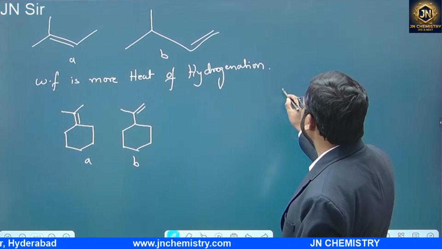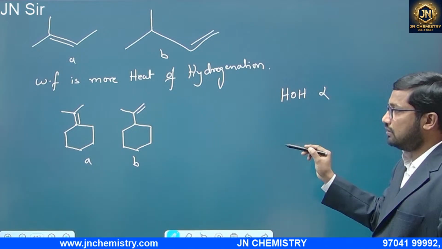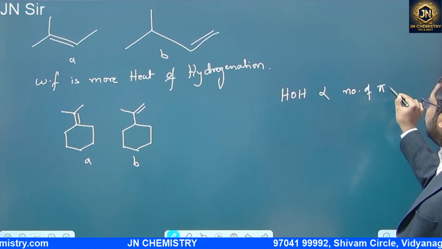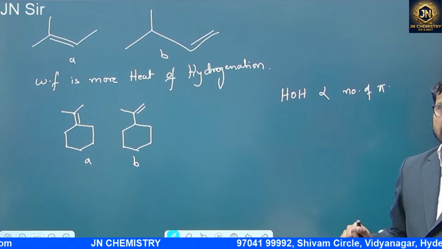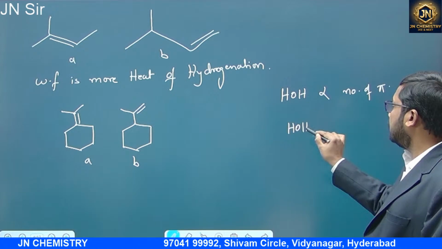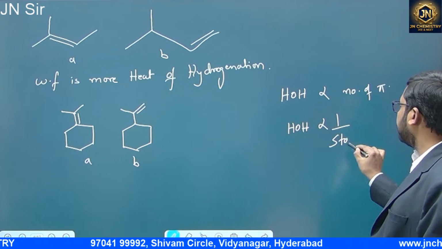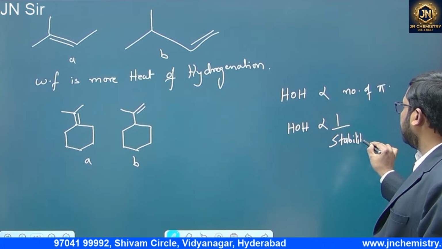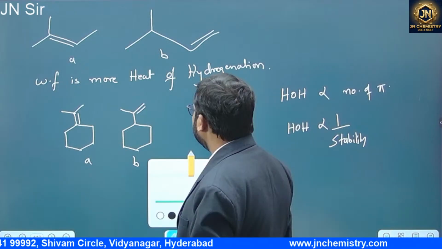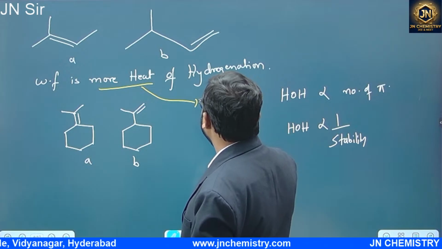Heat of hydrogenation is directly proportional to the number of pi bonds. First we need to cross-check the number of pi bonds. If the number of pi bonds is the same, heat of hydrogenation is inversely proportional to stability. So more heat of hydrogenation means the compound should be less stable.